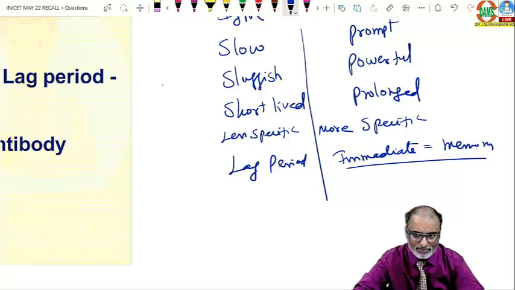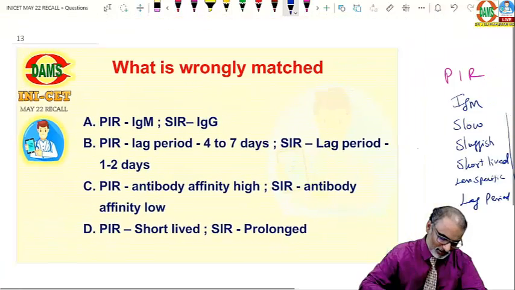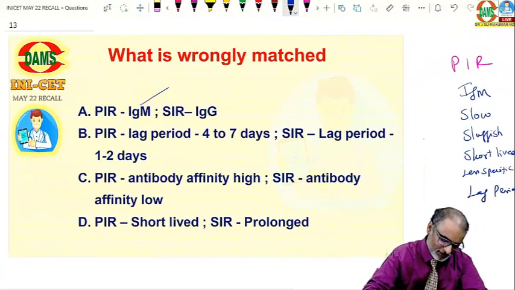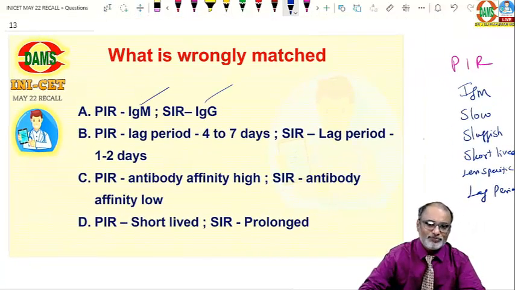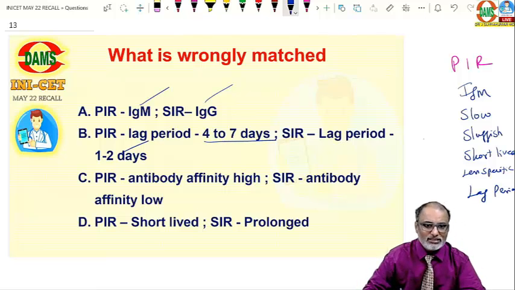Primary and secondary response is mainly used for vaccination. Vaccine gives a primary immune response. It creates memory. When the original pathogen comes, secondary response occurs. So see here, primary IgM, secondary IgG, right statement. Here it takes 4 to 7 days, here 1 to 2 days, yes. It is short-lived, it is prolonged, yes.